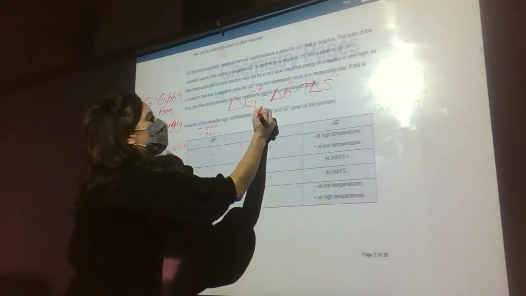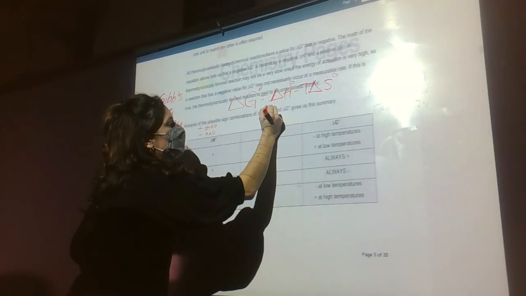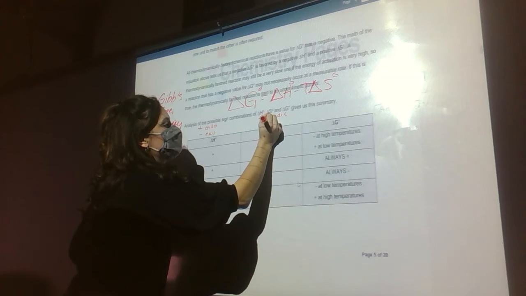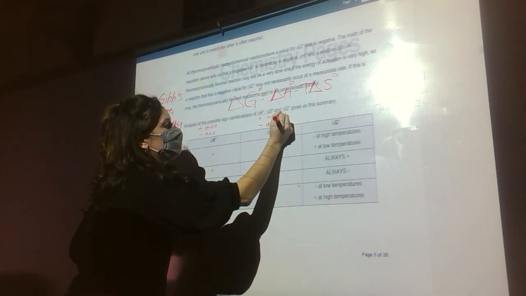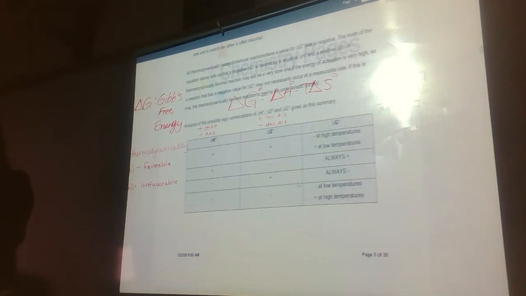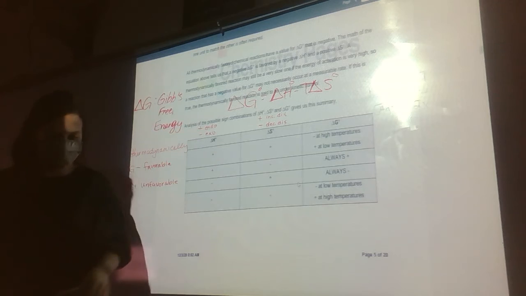Entropy, positive means increased disorder, negative means decreased disorder. And then we're looking at this equation.